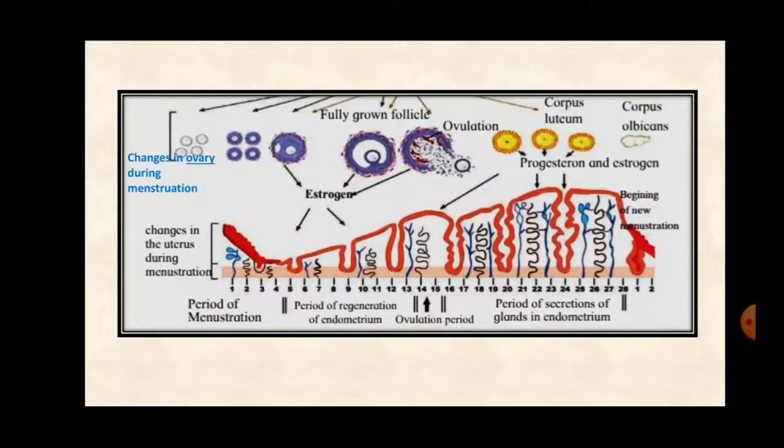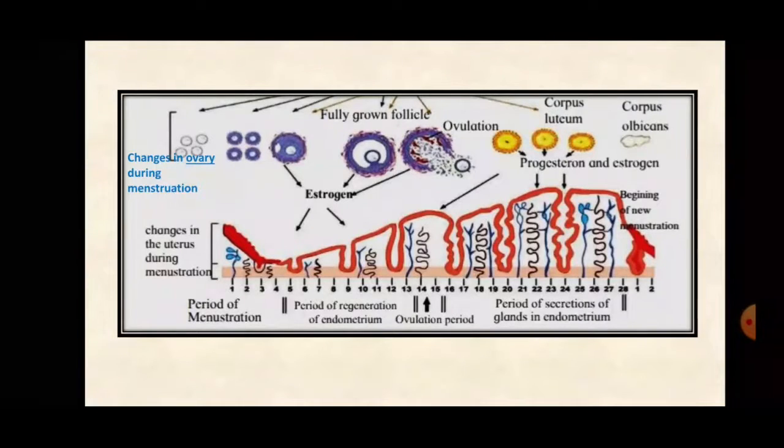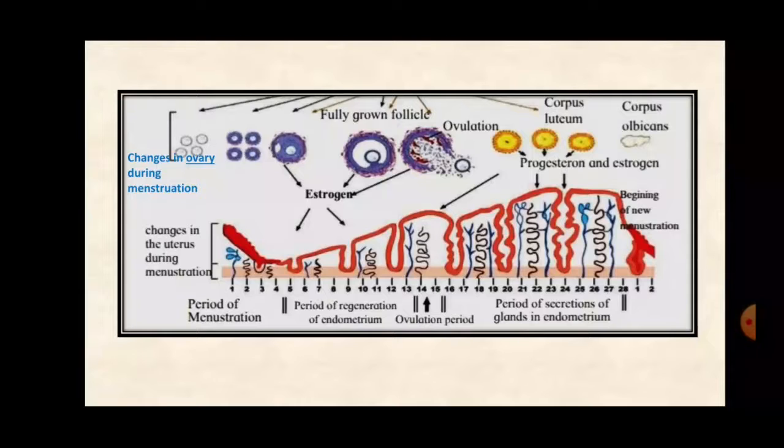Coming back, estrogen enhances the regeneration of the endometrium tissue. This estrogen has been secreted by the follicle. You can simultaneously see in the uterine changes that the endometrium is forming, the red line. Next, this developing follicle completes its development while secreting the estrogen.